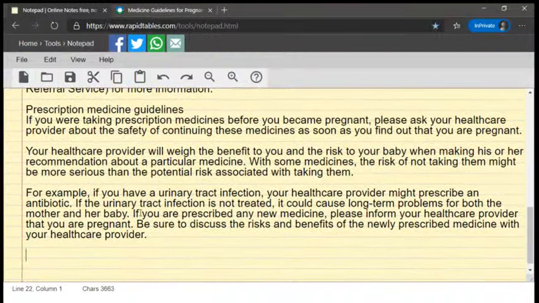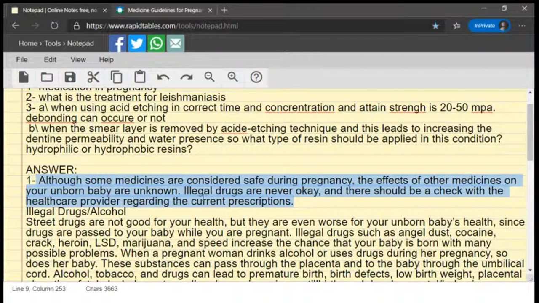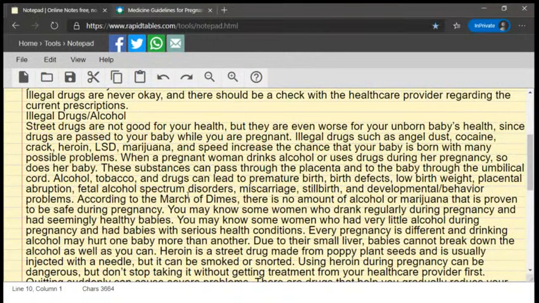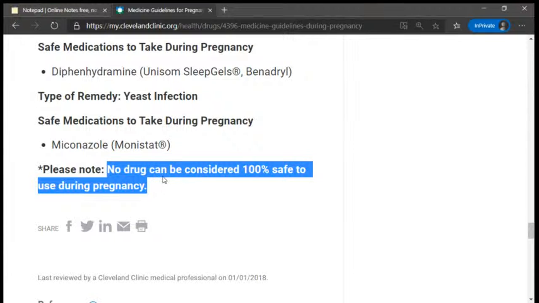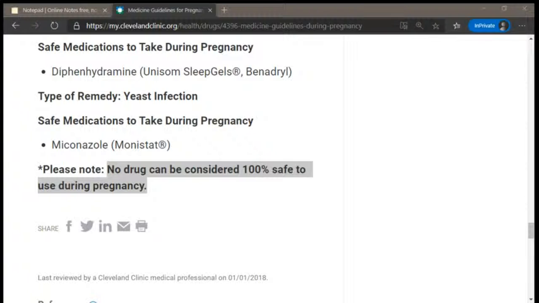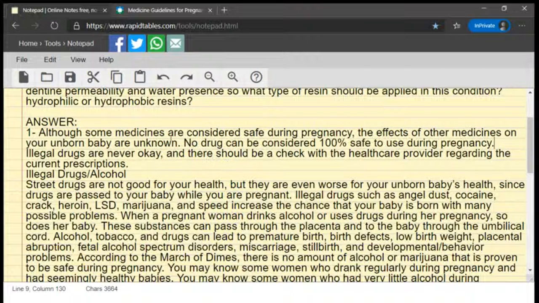We can say in the beginning, medication in pregnancy: although some medications are considered safe during pregnancy, the effects of other medications on the unborn baby are unknown.